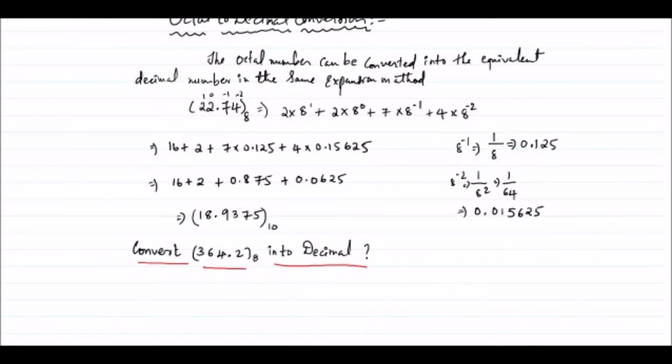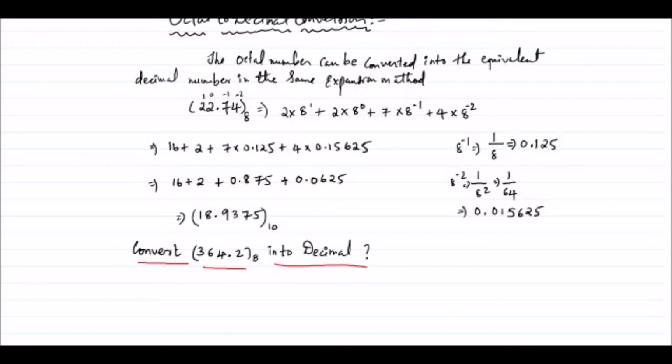If you want to verify whether this value is correct or not, we need to go by the expansion method, which is like octal to decimal number conversion. So I have taken an example 22.74. Please forget about the values written on top; I have written them for your convenience, but actually you have 22.74 base 8, and you are trying to find the decimal equivalent value for it.